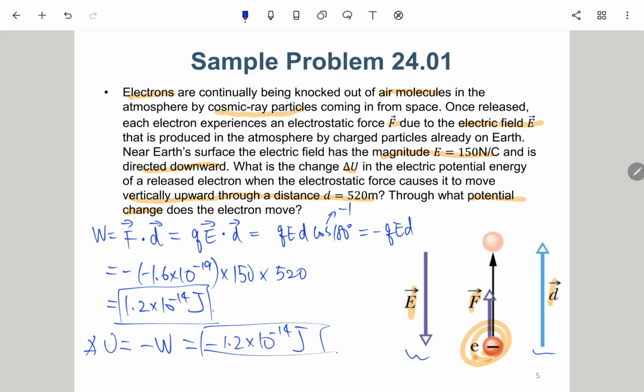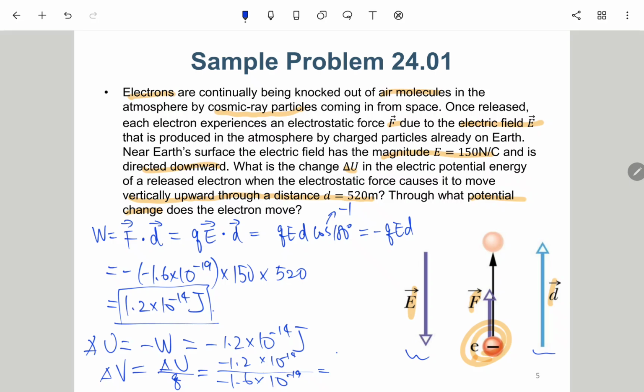It asks for the potential change, not the potential energy change. So this is not the final answer yet. The final answer should be delta V, which is delta U divided by Q, which is -1.2 times 10 to the -14 over -1.6 times 10 to the -19.